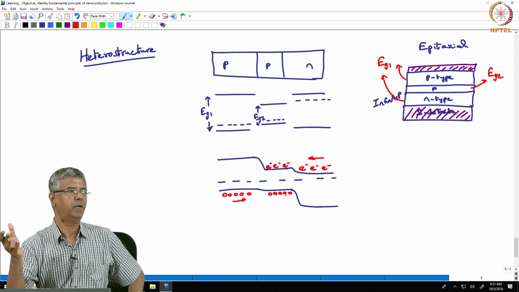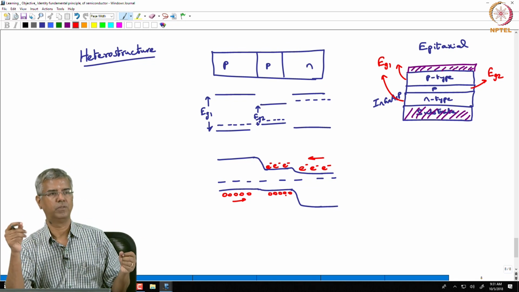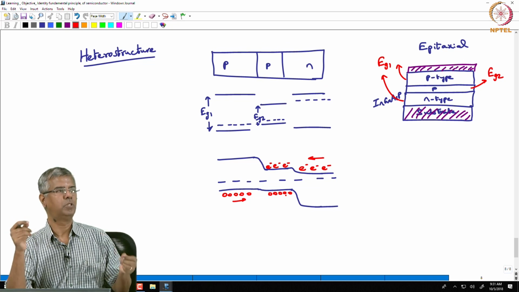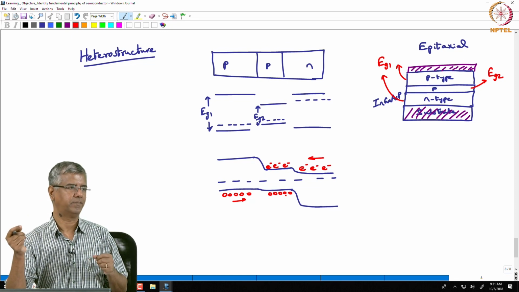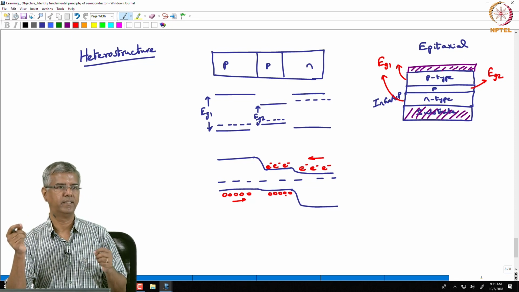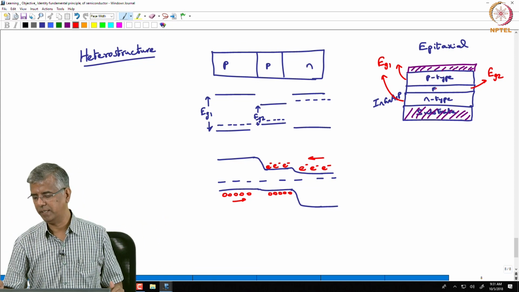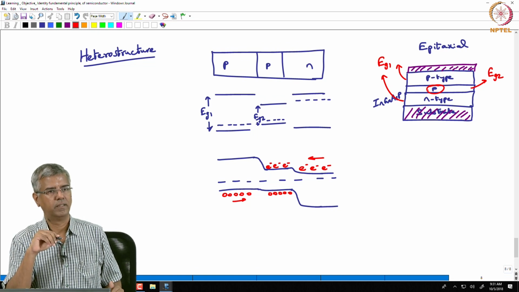And the only possibility in that region where there is a huge density of these electrons and holes, there is a huge probability of recombination happening in that region. You understand that? So everything gets accumulated essentially in this p-type region, right?